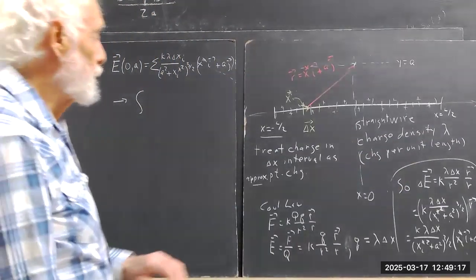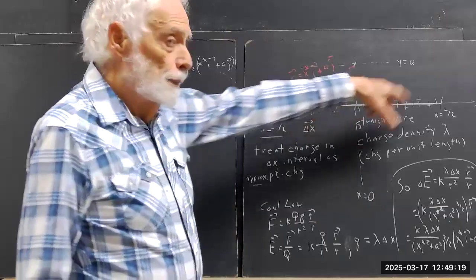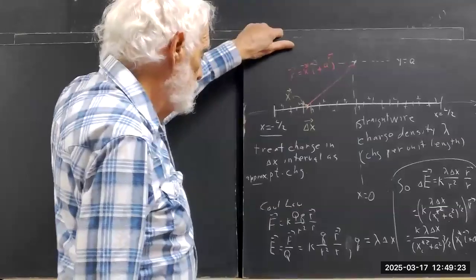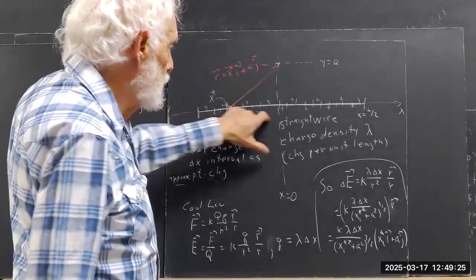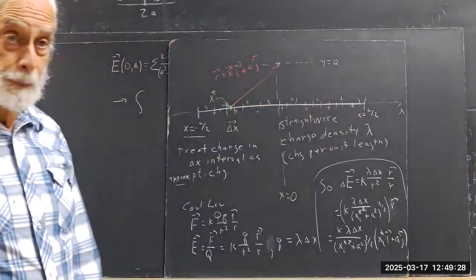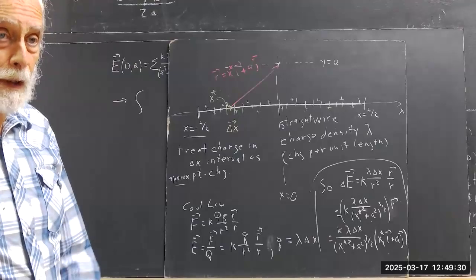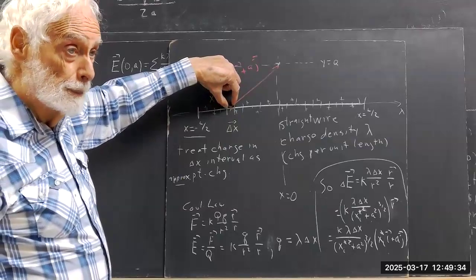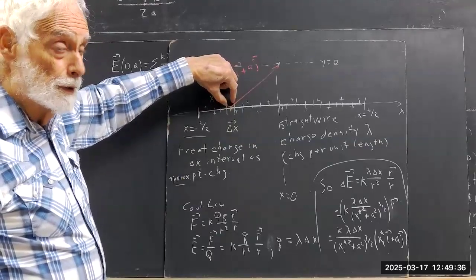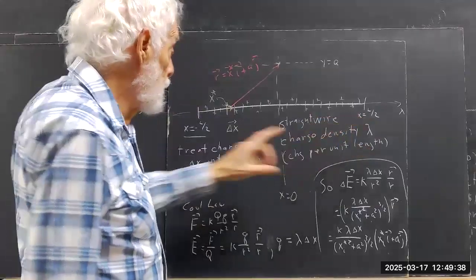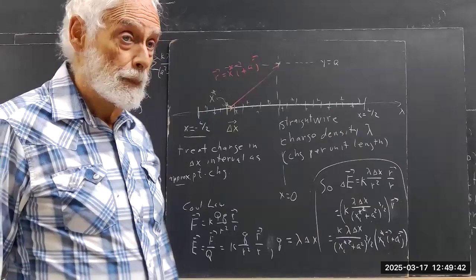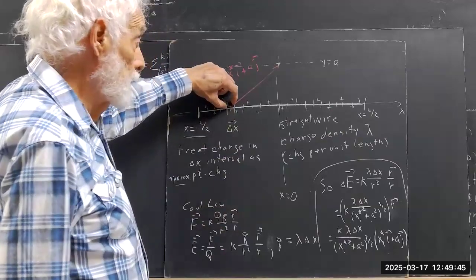So we start by partitioning this interval from negative L over 2 to L over 2 into a bunch of small increments. Now, what we started with was just one typical small increment. But it's understood that small increment is in a partition. It goes from one end of the wire to the other. That's why we start with a small interval.